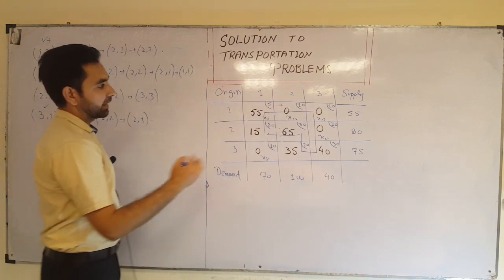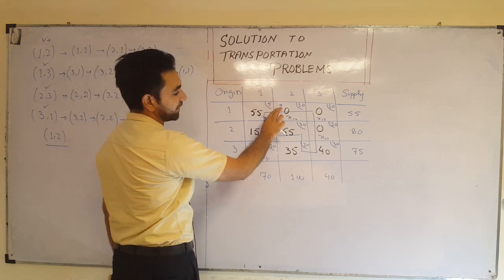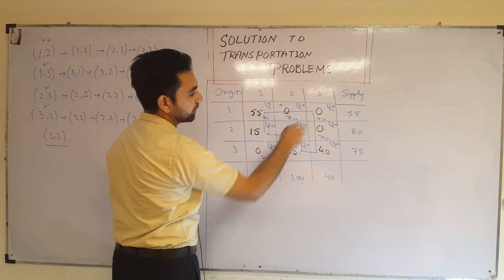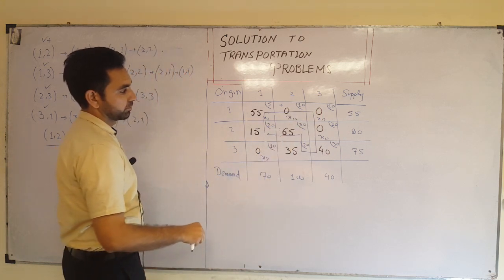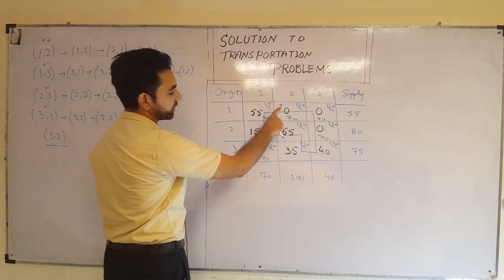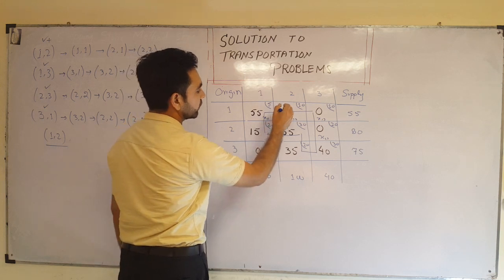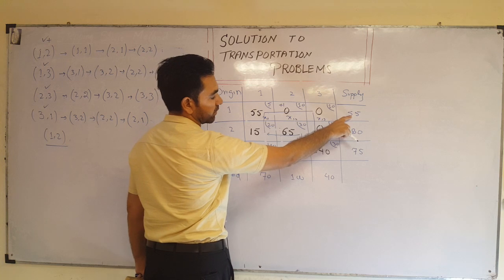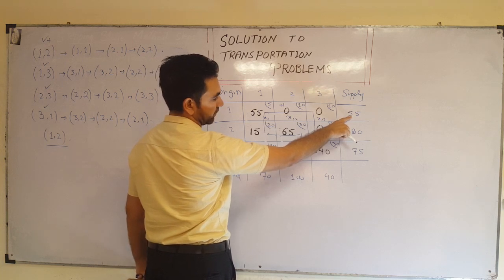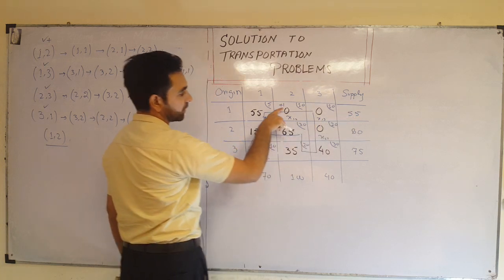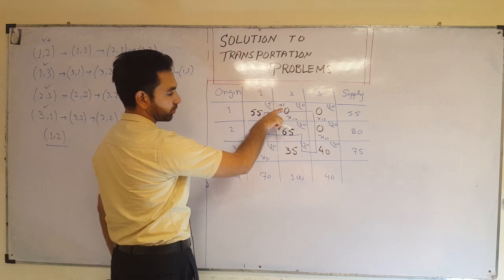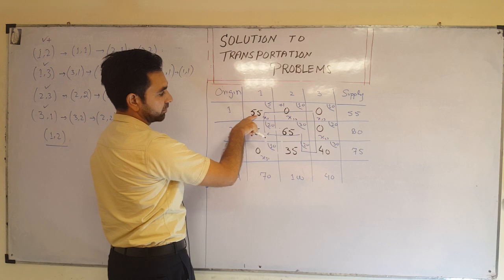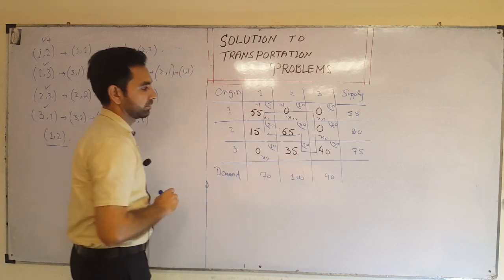It means if you add 1 ton or 1 unit to this 0, what will happen to the overall cost? If I add 1 unit to this, the supply is increased. We had only 55, but now we have 1 more. So obviously if we have 1 more, we have to subtract it. So we minus that from here.